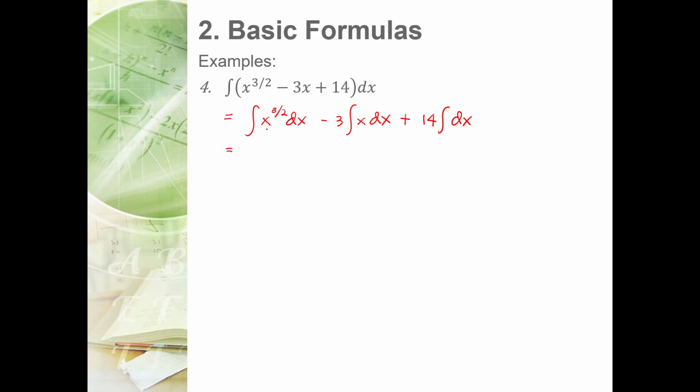Okay, so let's say we just put a c at the end. So I can work the first integral without a c, right? So 3 halves plus 1, then minus 3. Then this one is x to the power of 1 plus 1 all over 1 plus 1. Then plus 14x.